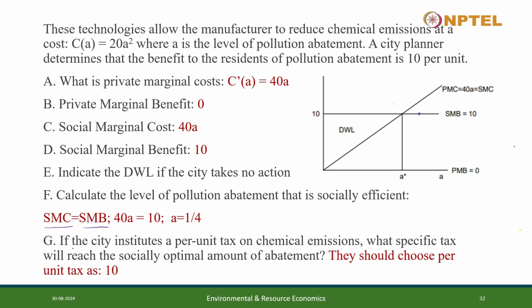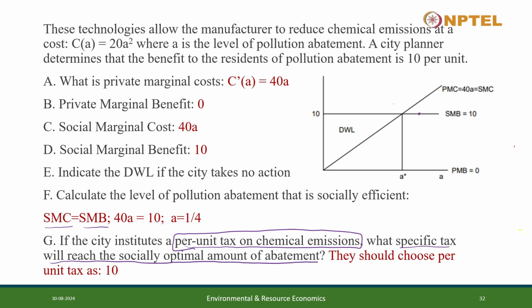Now the last question is, if the city institutes a per unit tax on chemical emissions, so if we have to levy the emission tax, then what specific tax will reach the social optimal amount of abatement?